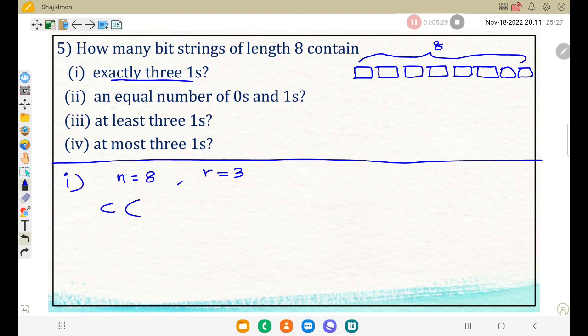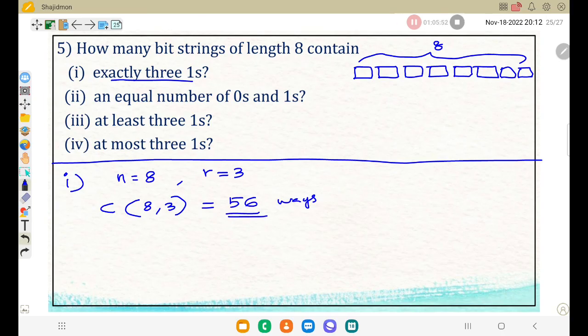So out of 8 slots, 3 are to be placed with 1. So combination of 8 and 3. You can check the answer. What is the combination of 8, 3? You will get 56. This is the first part of the question. 56 ways we can do the selection.